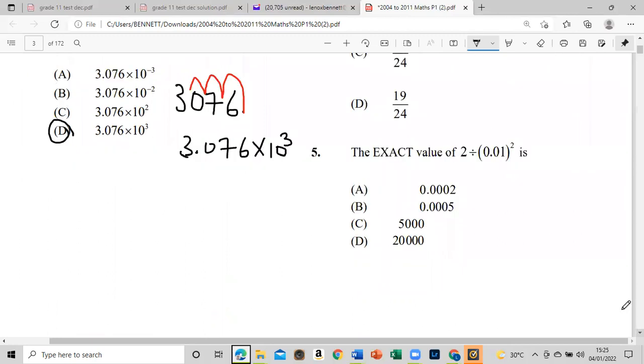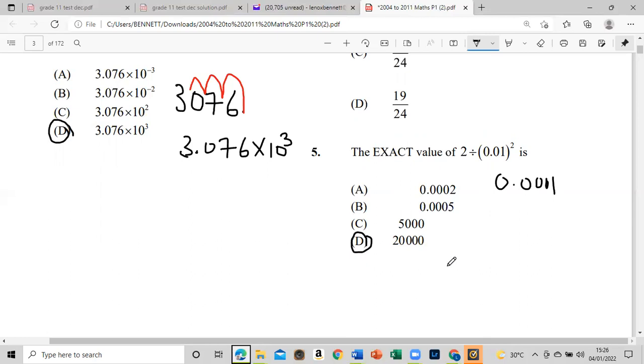The exact value of... we didn't have to work it out, guys. So when you multiply 0.1 times 0.1, we'll get this. And then when we divide it by 2, we'll get 2,000.